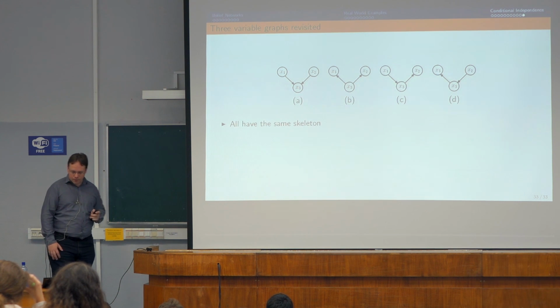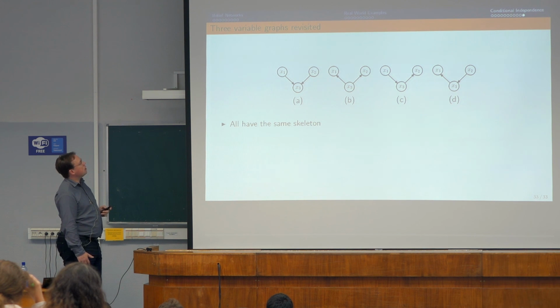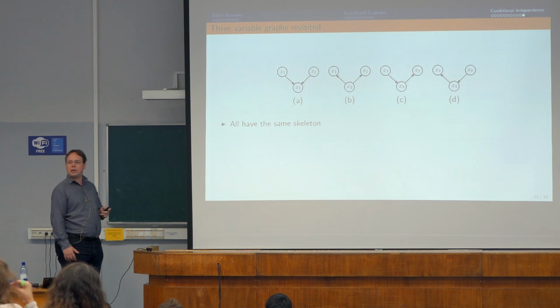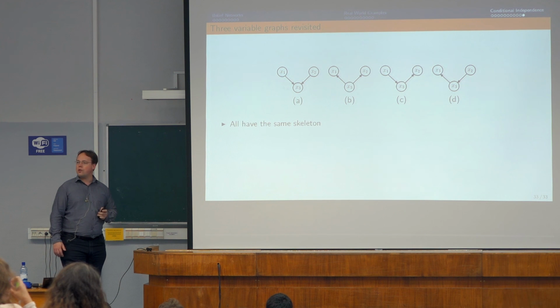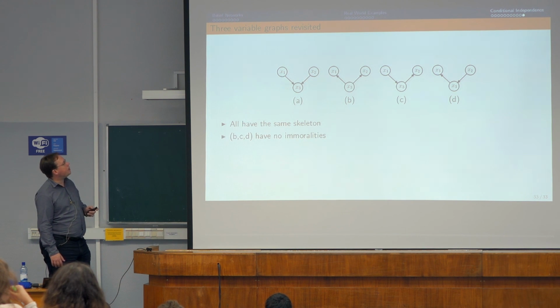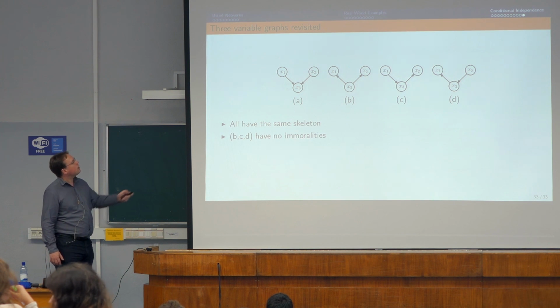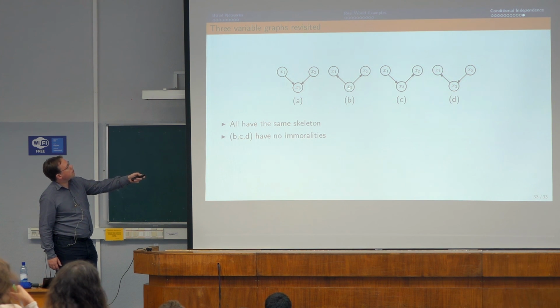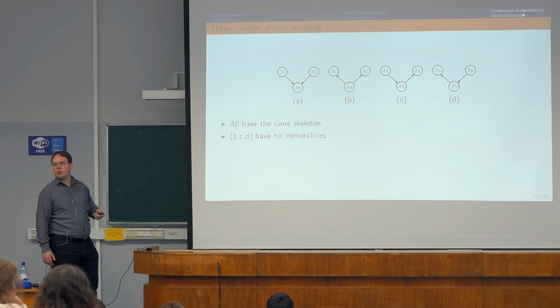Four examples. All of these have four nodes and two arrows. All of them have the same skeleton. Right? If we ignore the directions, these are all the same. A, B, and C have no immoralities. So this doesn't have two parents. I mean, nobody has two parents. This has only one parent. This one has only one parent. This one has two parents, and they don't have an edge between them.